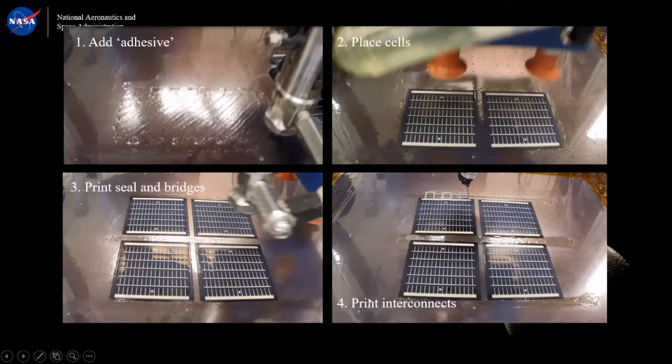And then finally, we have the printed interconnects that you can see being started in the top of the bottom right picture. And of course, not shown here would then be that encapsulation step. It's hard to see, because that polyimide is so thin, but you kind of see that sheen come out as everything gets encapsulated and coated.